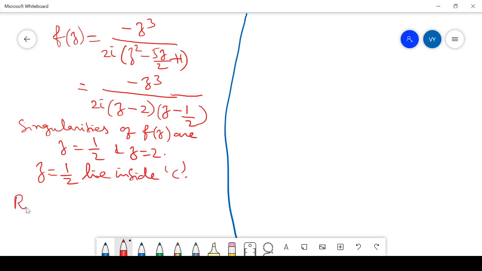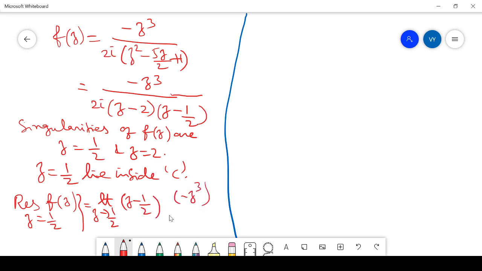So now what will be the residue of f of z at z is equal to 1 by 2? This will be the limit z tending to 1 by 2 of z minus 1 by 2 into minus z cube divided by 2i into z minus 2 into z minus 1 by 2. So z minus 1 by 2 gets cancelled here.